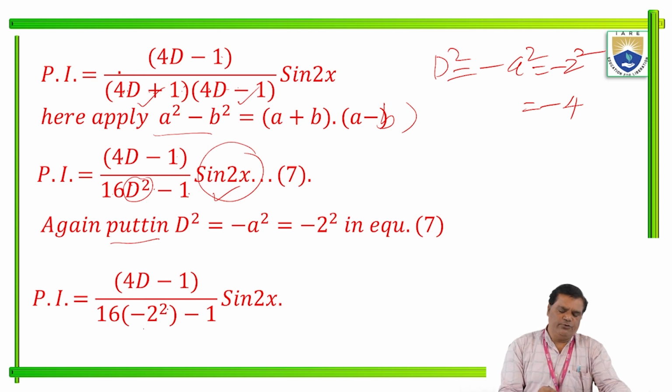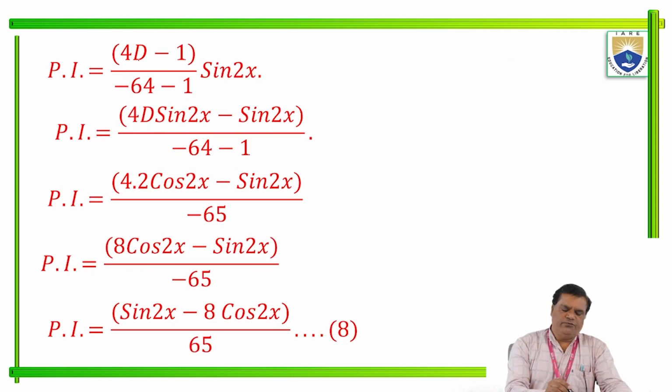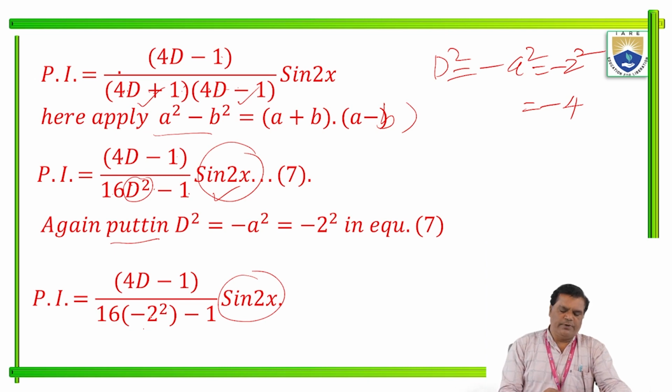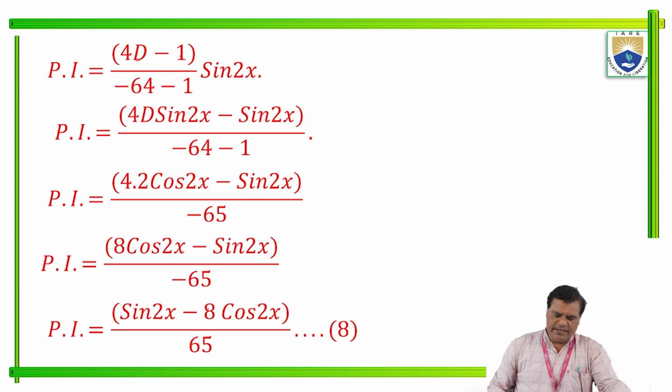So I am writing 16 into minus 4, that is minus 64, minus 1, with sin 2x as before. The numerator 4D minus 1 has no change.